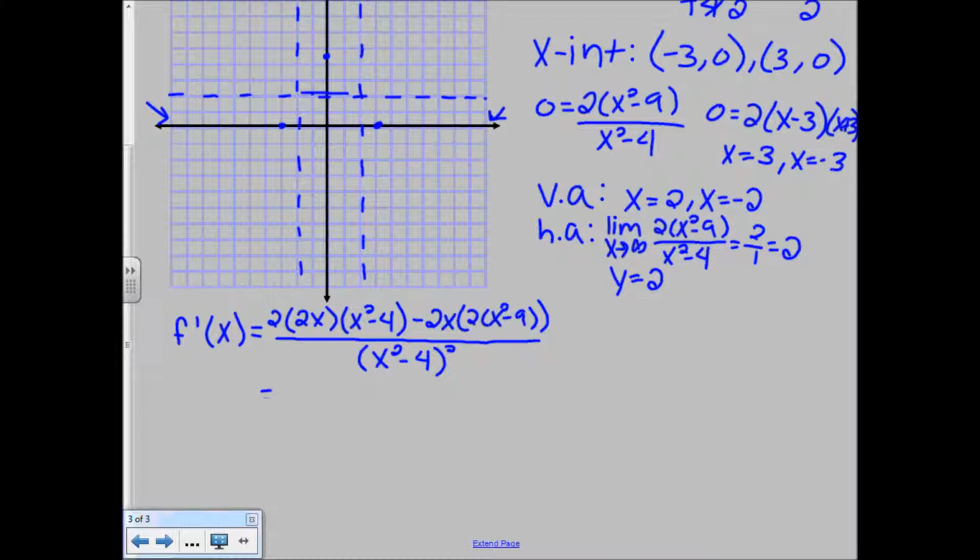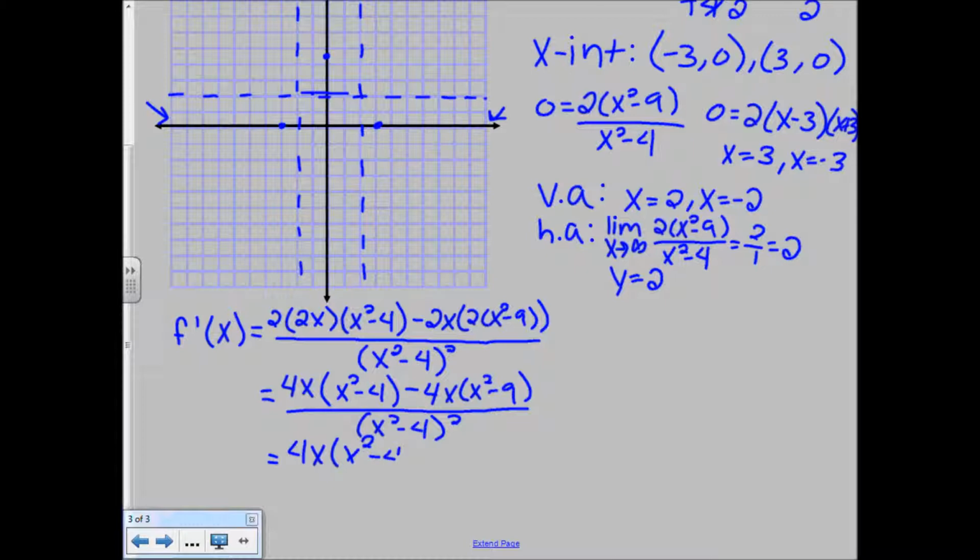Now if we simplify it to make it a little nicer, we're going to get 4x times (x² - 4) minus 4x times (x² - 9), all over (x² - 4) all squared, which if we factor that we get 4x, and then on the inside we'd have (x² - 4) minus (x² - 9). So let's see what that gives us.